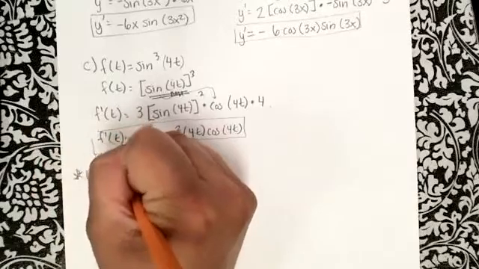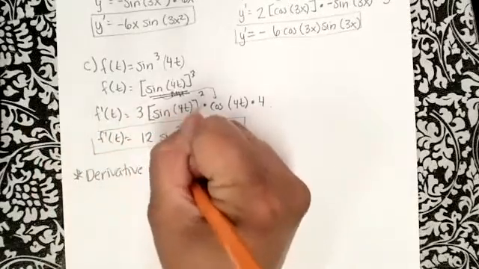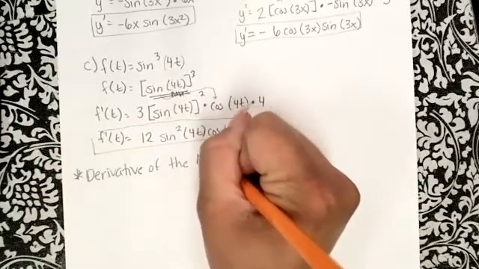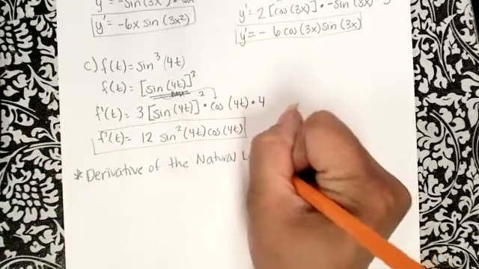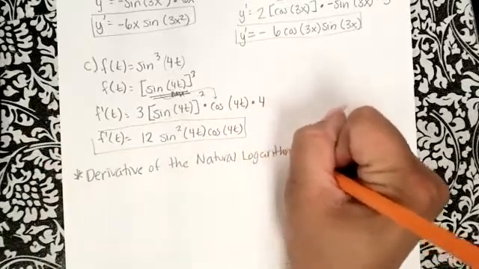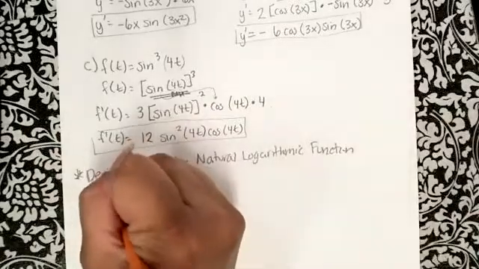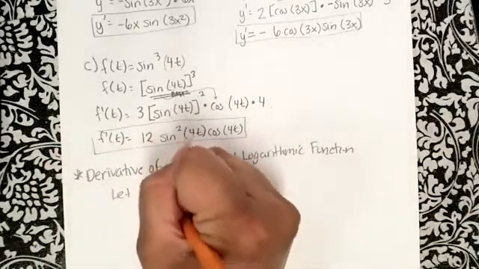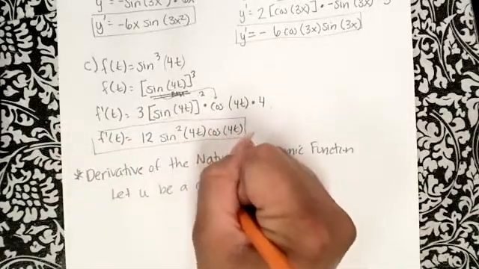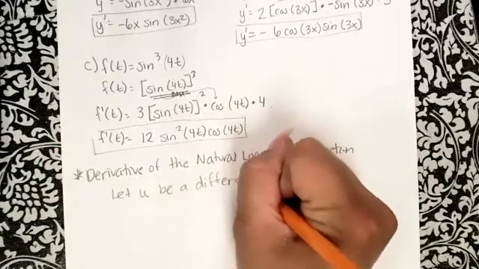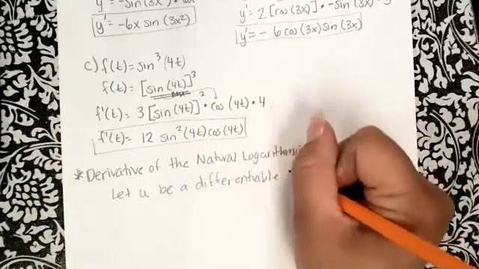We're going to move on to the derivative of the natural logarithmic function. We're going to let u be a differentiable function of x.